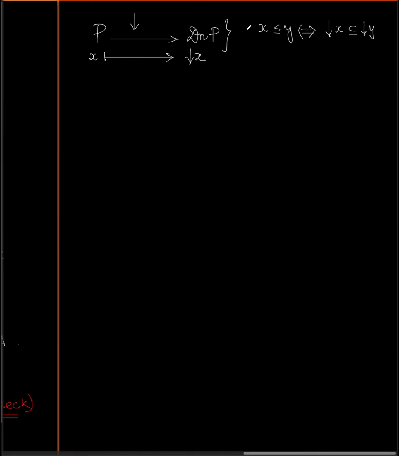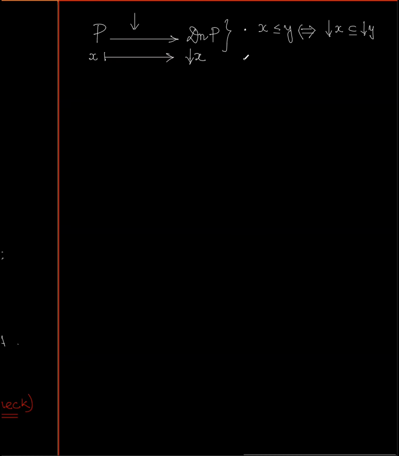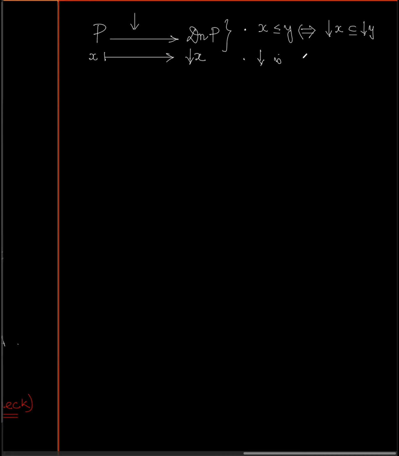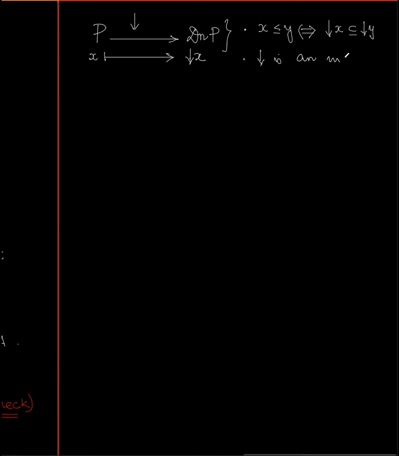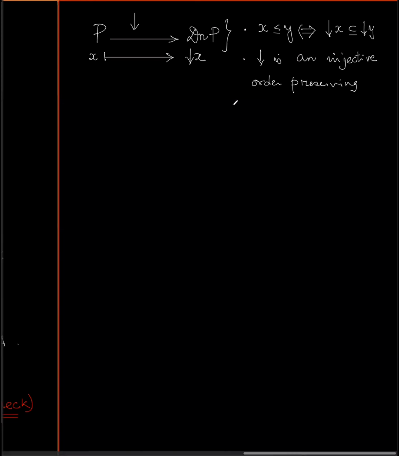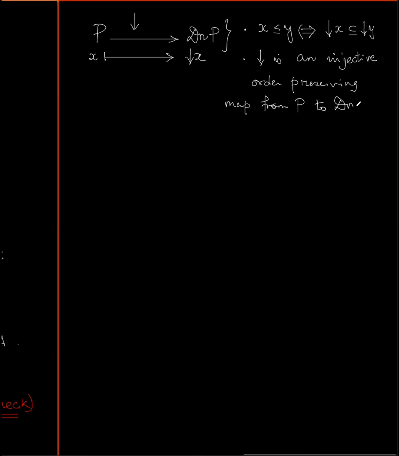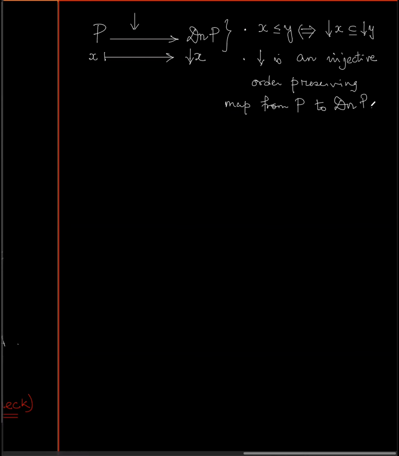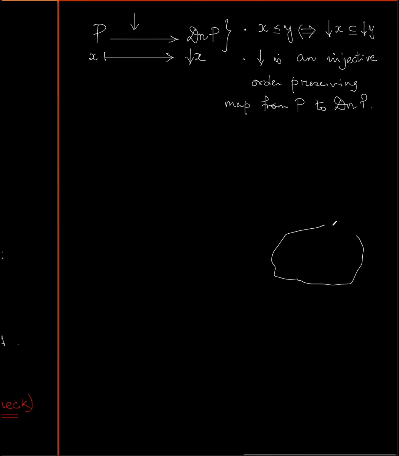So this is saying that this is an injective order preserving map from P to downsets of P. So the picture is like this, that we started off with a P.